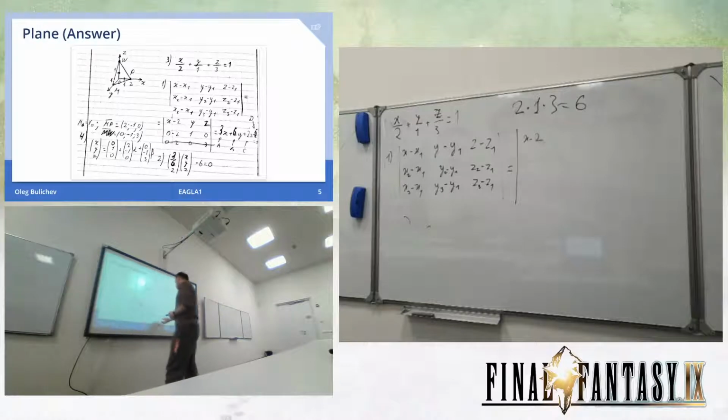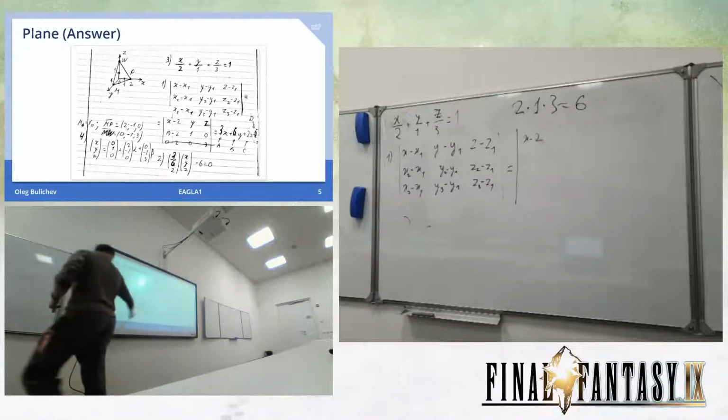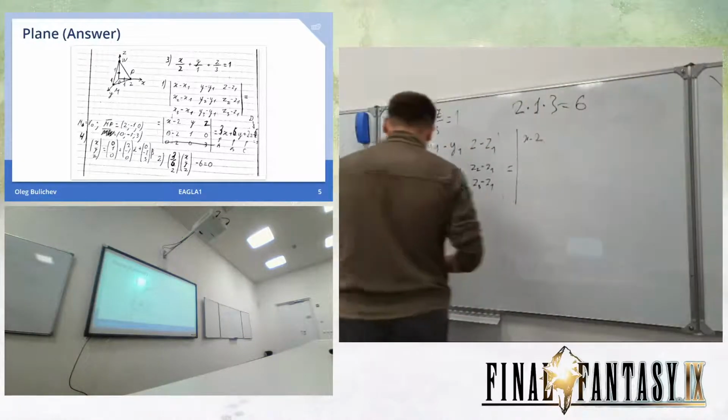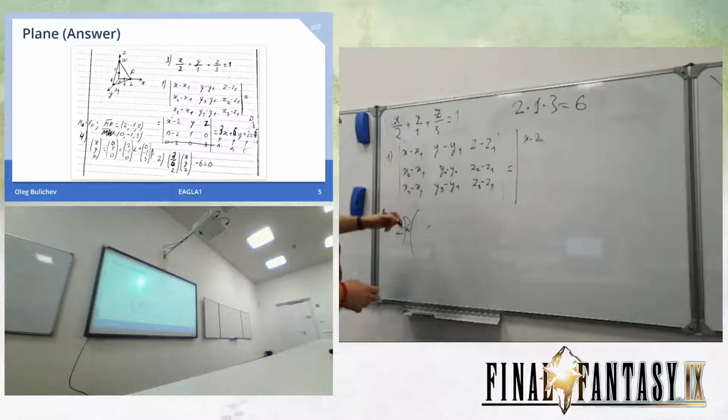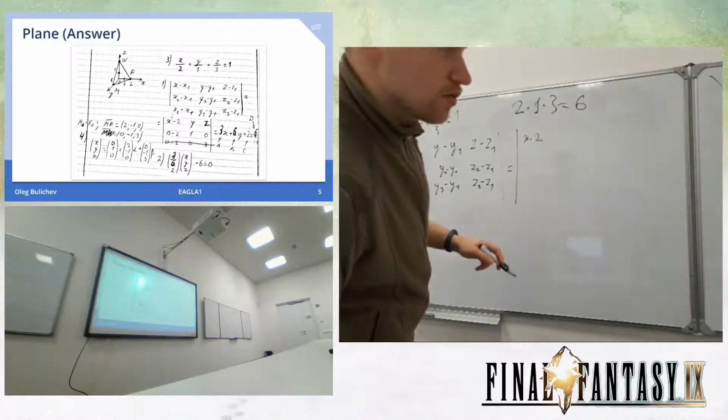Actually, the normal form: we just took our n, which is equal to A, B, C. In our case, it will be 3, 6, 2.